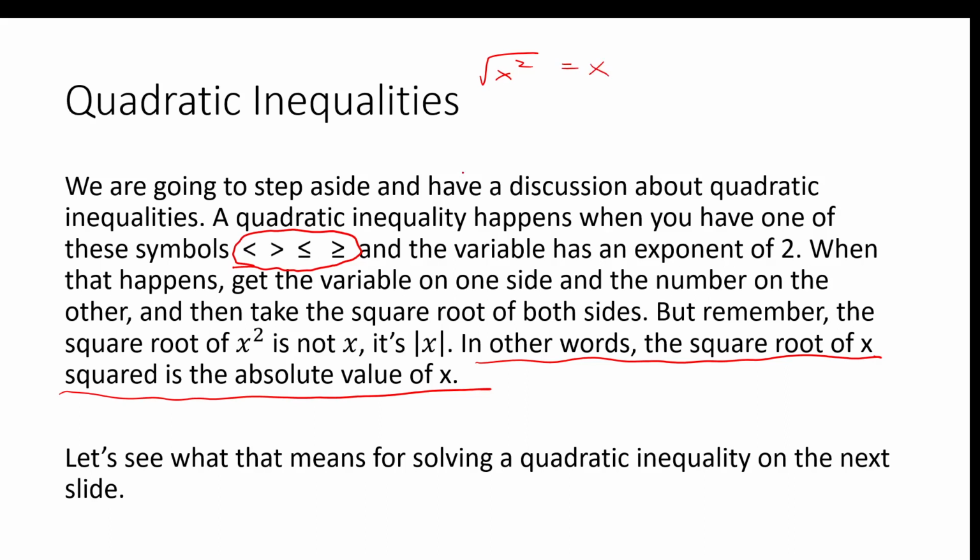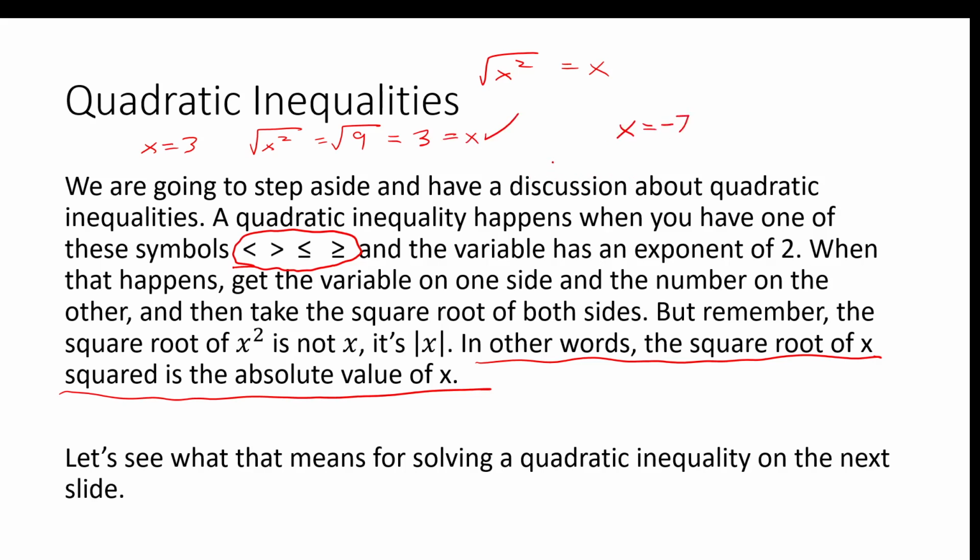Not necessarily. Let's imagine for a second that x was equal to 3. Well, the square root of x squared would equal the square root of 9, which would equal 3, which in that case would equal x. So we see it's sometimes true. But what if we let x equal negative 7?